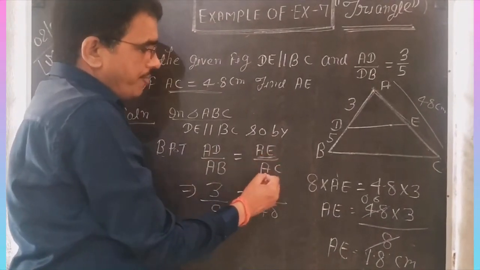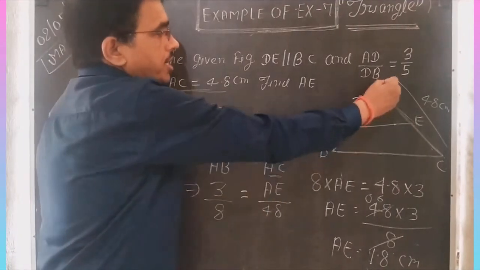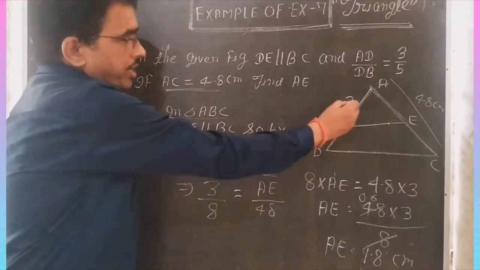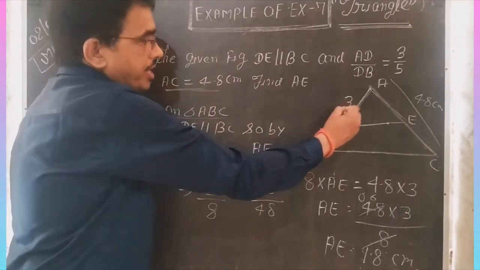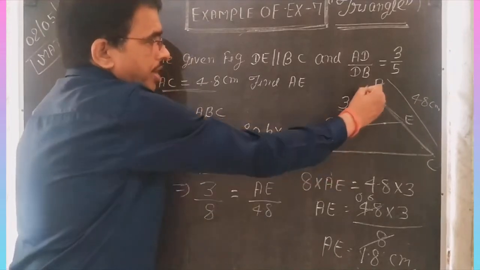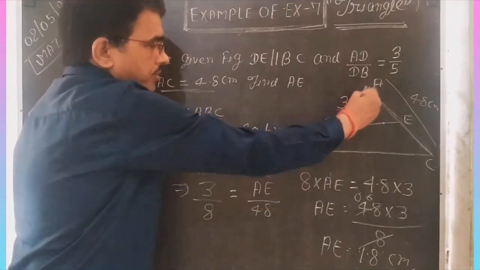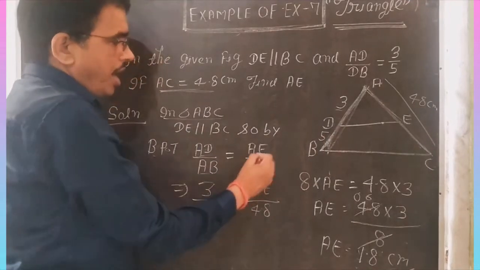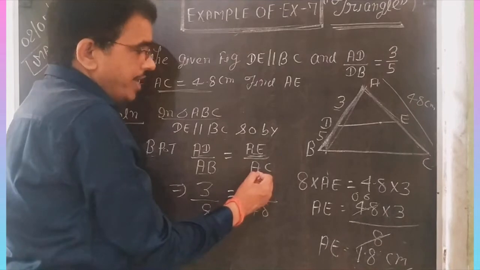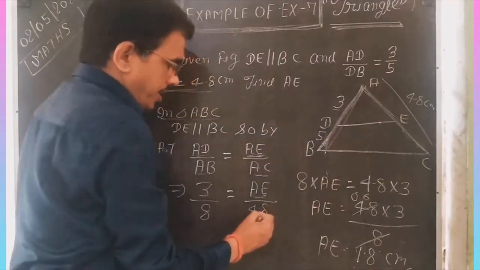So AE by AC, similarly on this side AD by AB. What do you get here? AD is 3 and DB is 5, so whole AB is 8. AE I have to find, so I write A E here, and AC that is given 4.8, I write here.